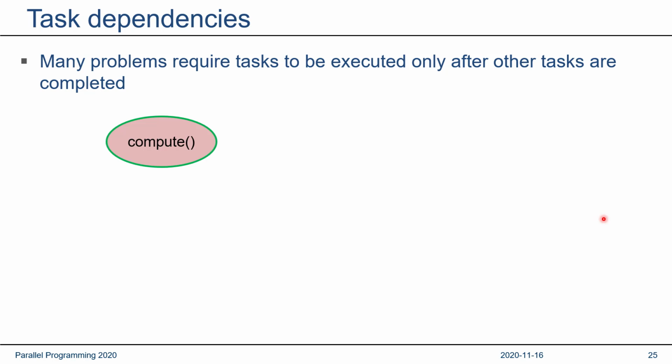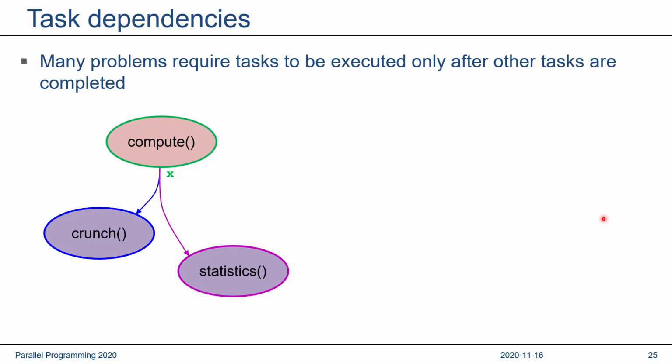Here's an example. I might have a compute function that produces a value, let's call it x, and this value might be used by other functions, for example, by a crunch function that does some computation and a statistics function that does some statistics collection.